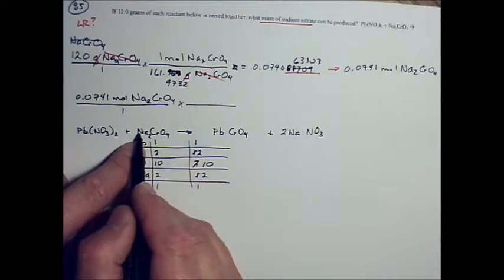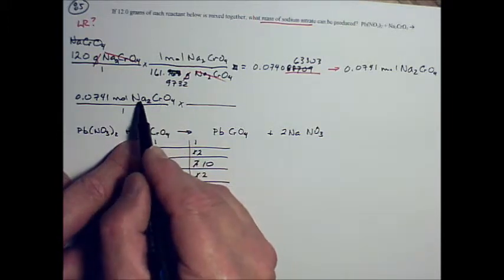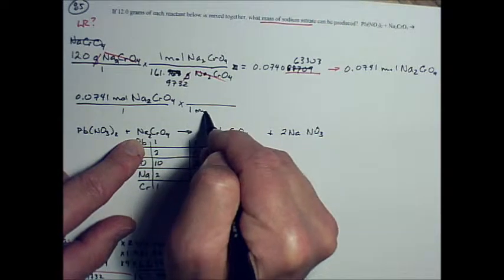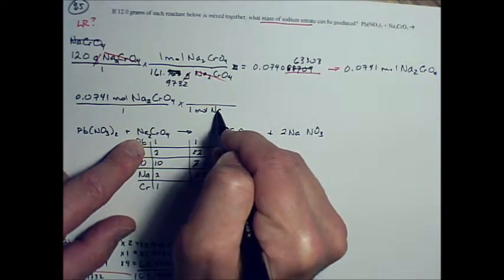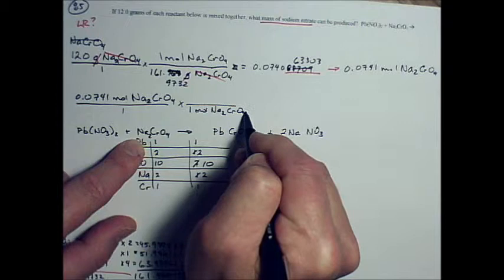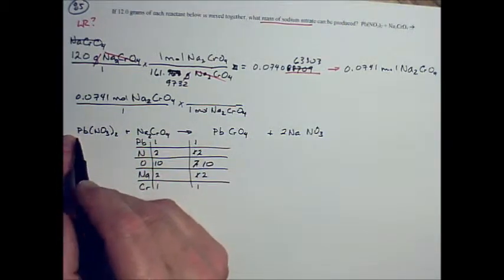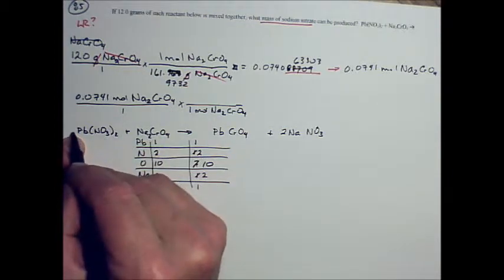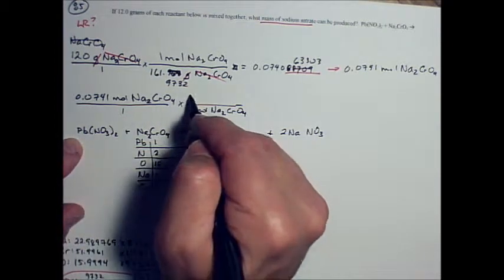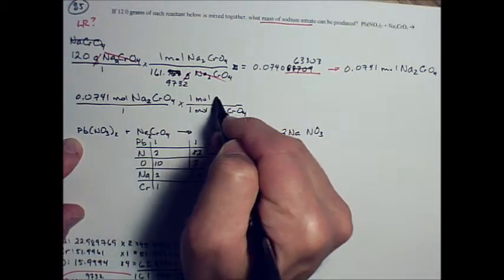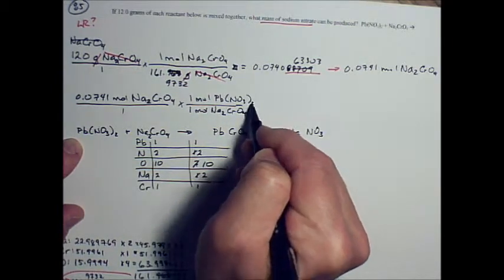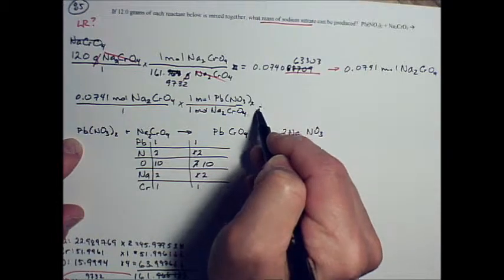There's 1 sodium chromate. I need to match units and species with the previous step. 1 mole sodium chromate. And then I'm trying to get to the lead nitrate, because I'm still trying to figure out the limiting reactant. There's an implied 1 there as well.